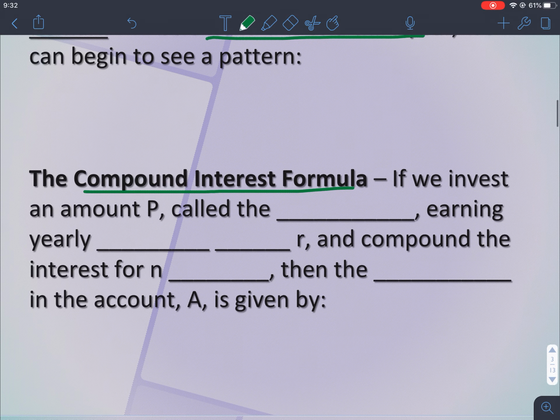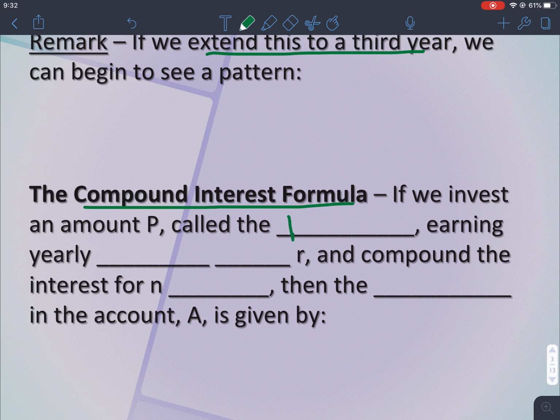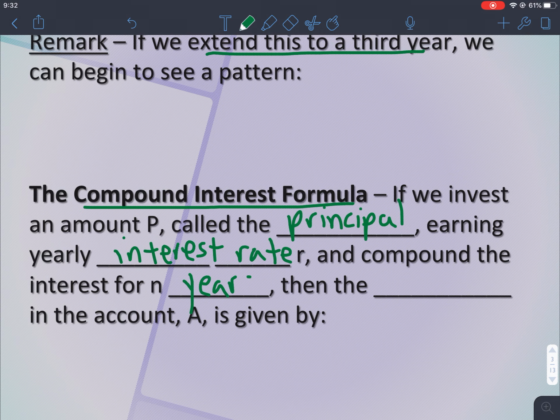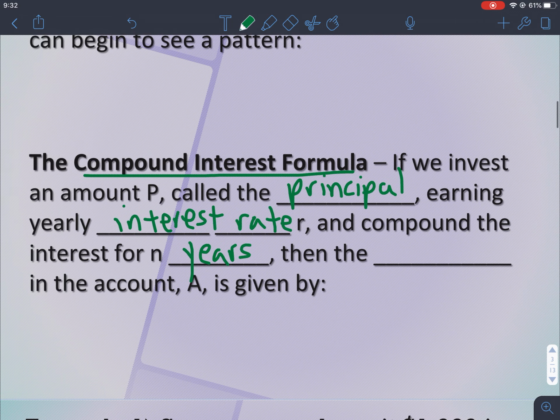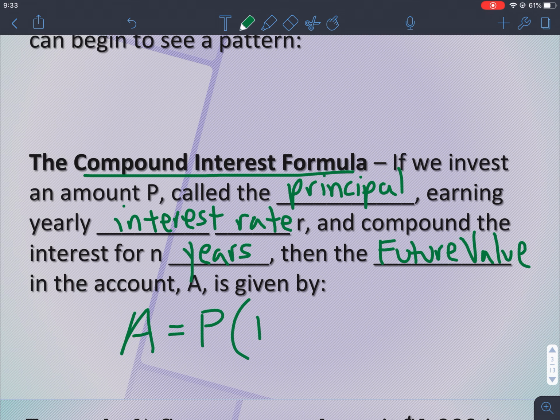If we invest an amount called P, the principal, earning yearly interest rate R, and compound it for n years, then the amount which represents the future value A is given by A equals P parentheses 1 plus R to the n.